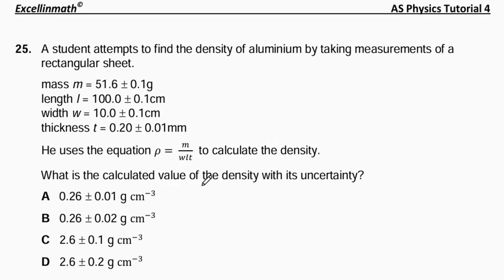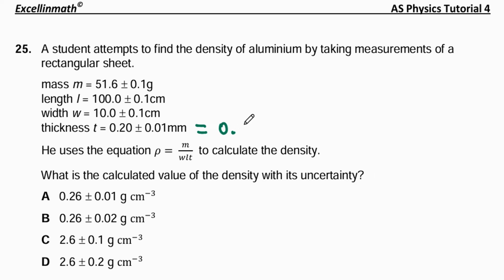What is the calculated value of the density with its uncertainty? Now, the first thing to notice here is that the answers are all in grams per cubic centimeters. However, the thickness here is given in millimeters. So our first step will be to convert the units of measurement of the thickness to centimeters. And of course we can do so by dividing by 10.